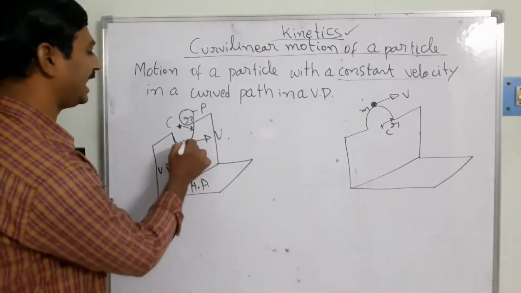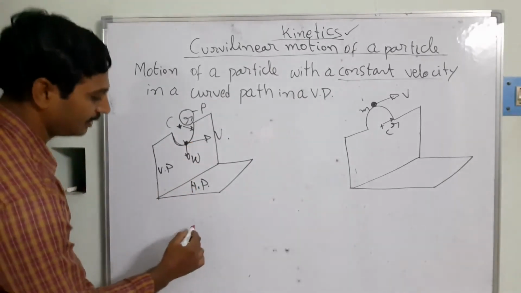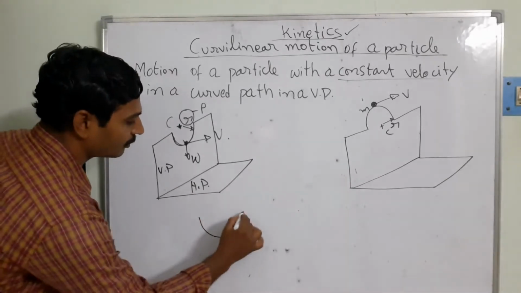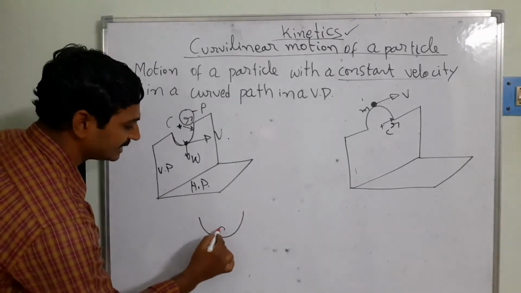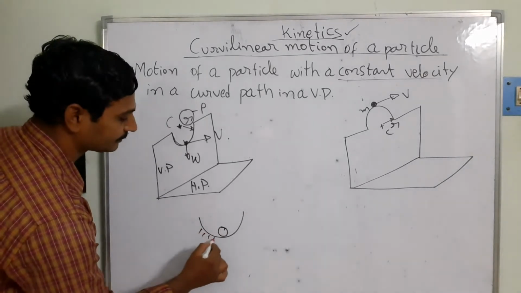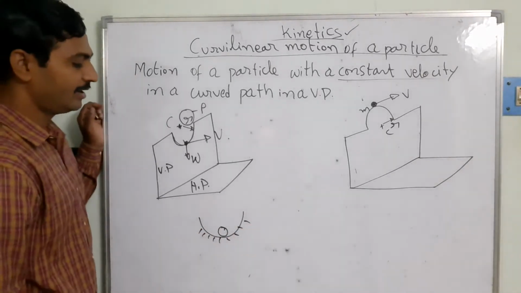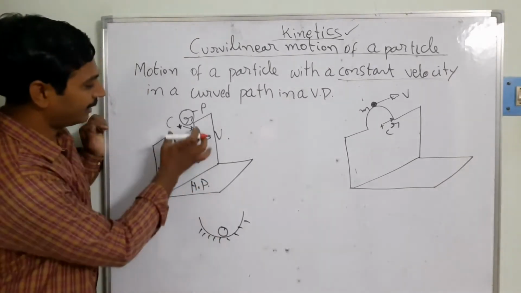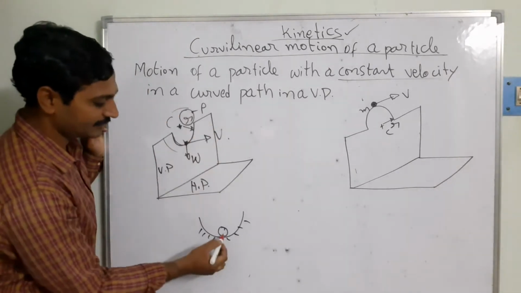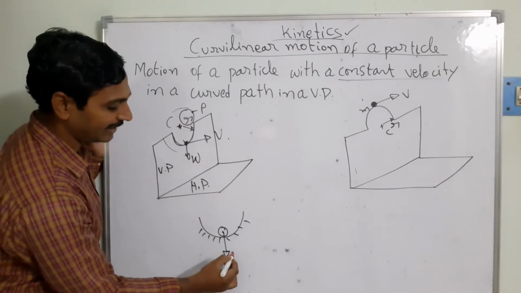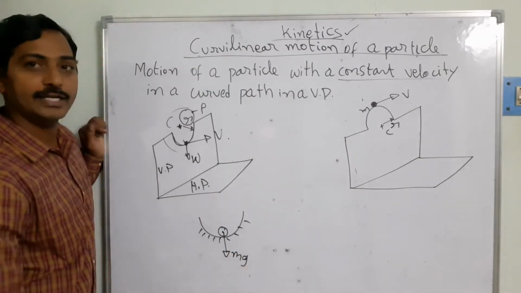So if I take this as the free body diagram over here, this is going to be your free body diagram, and this is your particle. Can you see the particle exists here? If I draw the free body diagram of this part, the self weight mg is acting in the downward direction.